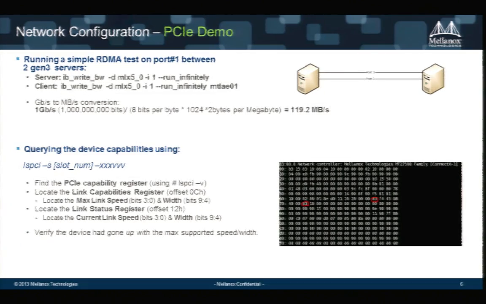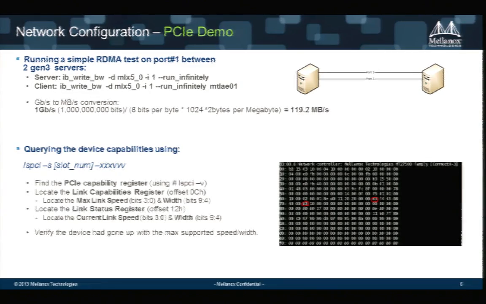We've met a lot of cases when we deal with Gen 3 technology where cards do not come up at the right speed for, I don't know, some reason. Usually it's very complicated. And so what we do, we just use the basic lspci tool to verify that the card has gone up at its correct speed.